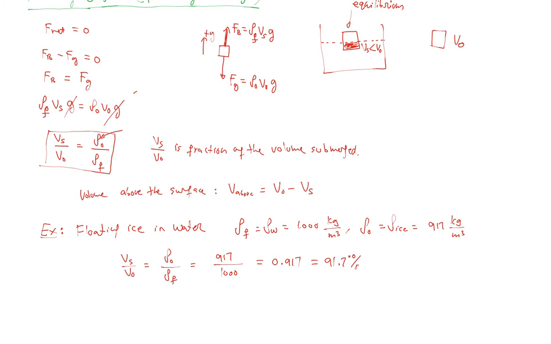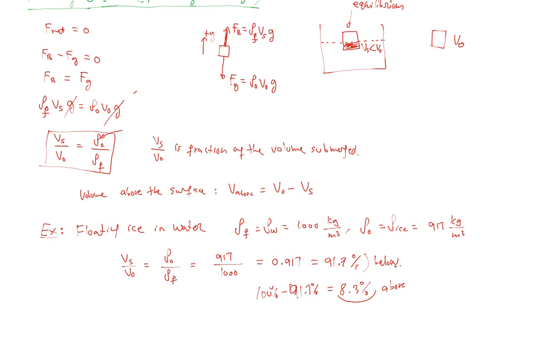What we see is actually only, so let's say volume, 91.7%, 100% minus this, you get 8.3%. So what we see, this percent is above the surface and 91.7% is below the surface.